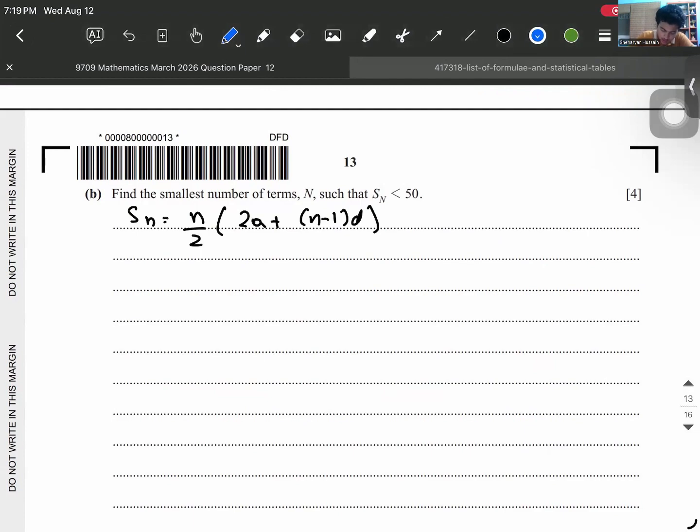Since we don't know the value of n, we assume n upon 2 times 95 into 2, which is 190, since the value of a is 95, plus n minus 1 into negative 3. This is less than 50.